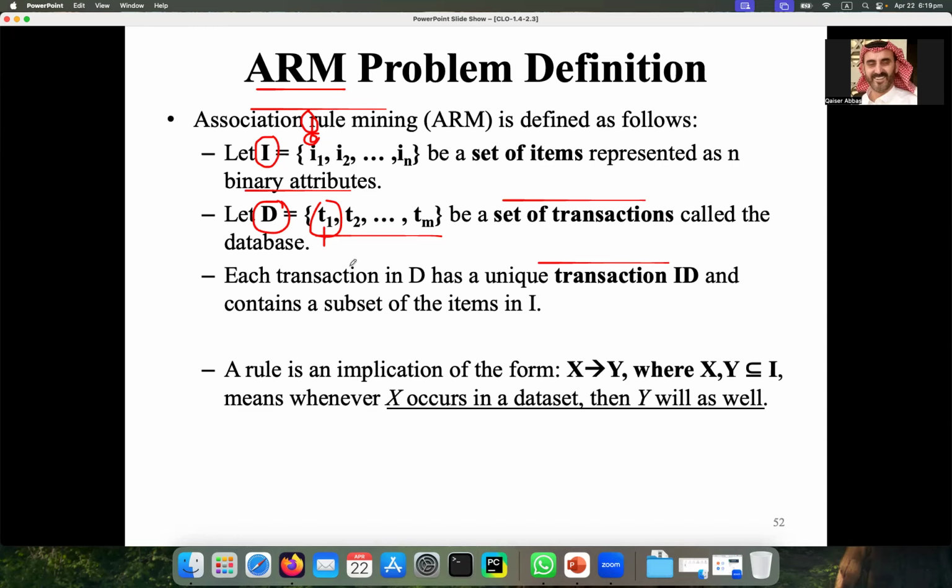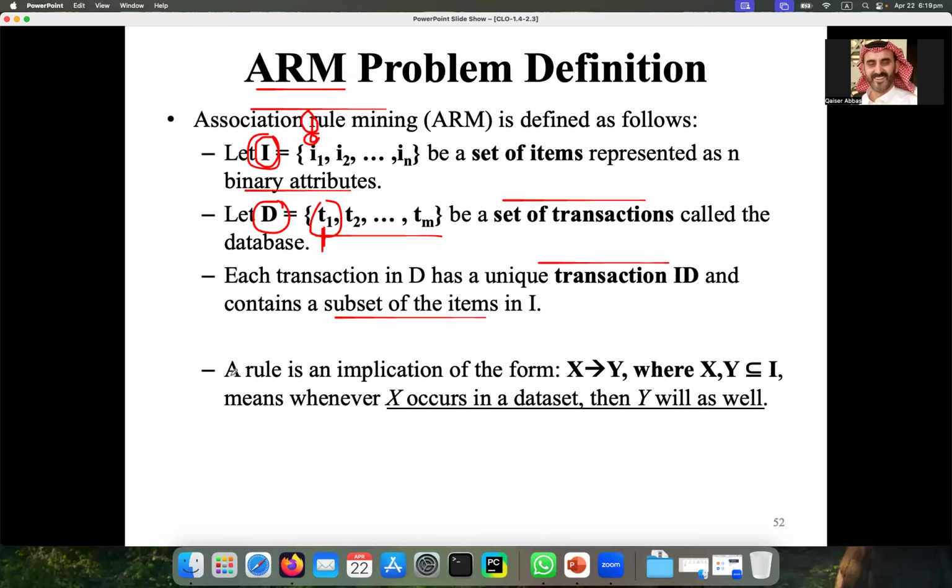These transactions can contain a subset of items from the set I, which means they can contain one item from I or more than one item from I.